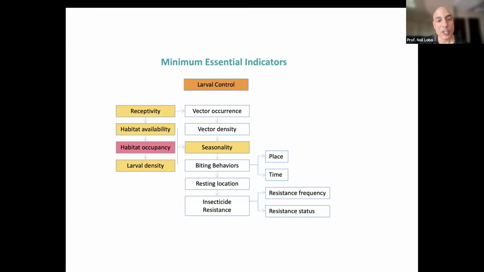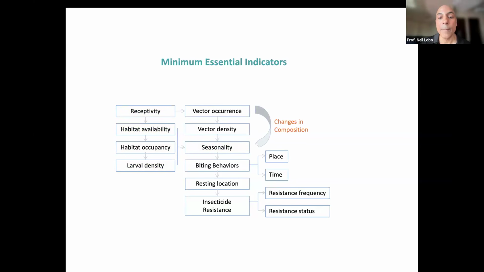And as I mentioned earlier, when you implement an intervention, you immediately change transmission. And the 3 things you want to monitor over time are right here. Changes in mosquito composition. Please memorize this. Changes in behavior that impact how your intervention functions, and the emergence and spread of insecticide resistance.